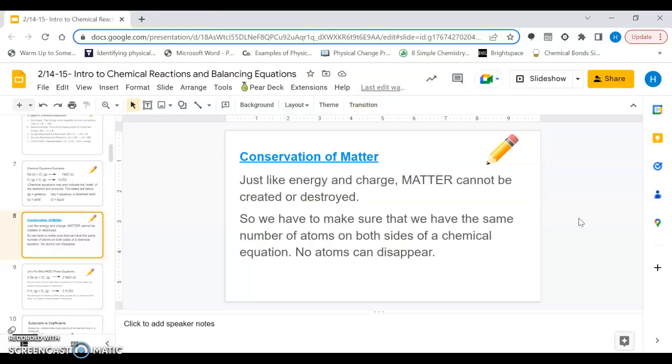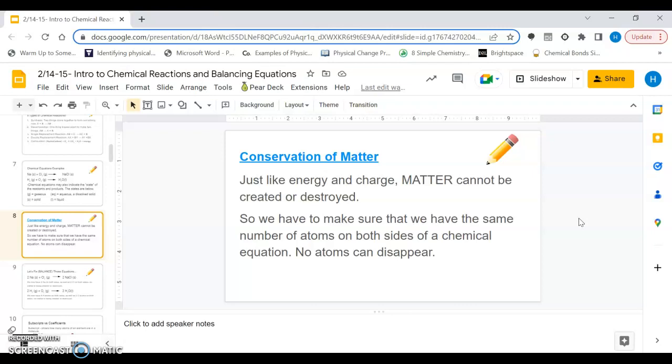So no atoms can disappear in this process. You have the same number of carbon atoms at the beginning as you did at the end. They're just connected in a different way. So that's an underlying rule that's very, very important in predictions and in just understanding chemical reactions in general.